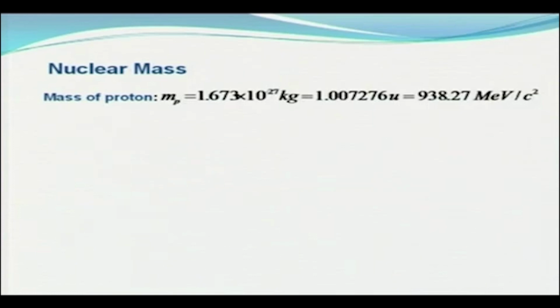In another unit, the proton mass is 1.007276 U. U is a unit which is called the atomic mass unit. In this unit, the carbon atom is taken to have mass 12 U, and all other nuclear masses and proton and neutron masses are defined with respect to this standard. It also roughly agrees with the atomic mass number.